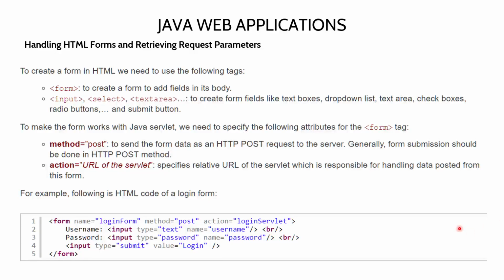Now, interestingly enough, we are saying that right here under action, it's the URL of the servlet. And when we first work on servlets, they're actually Java files. So we'll discuss how we take that Java file and map it to this URL. And this is the exact URL that we would see in a browser. Obviously, this is just part of that URL.